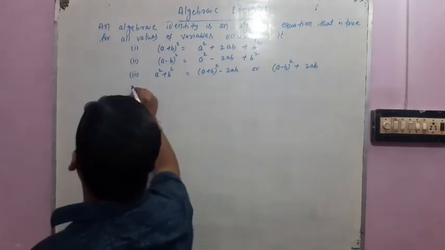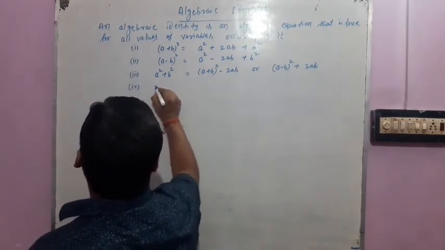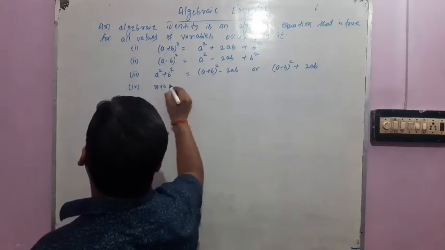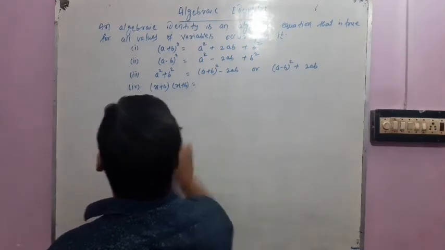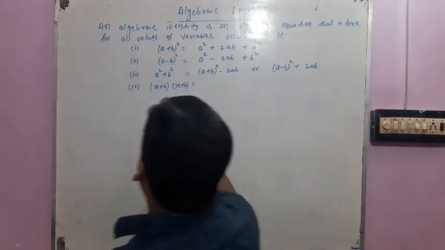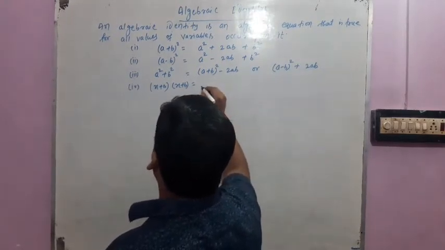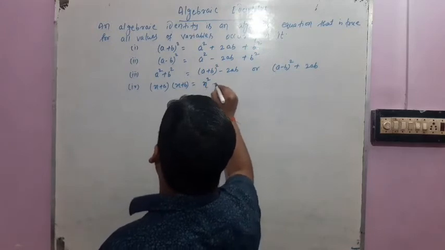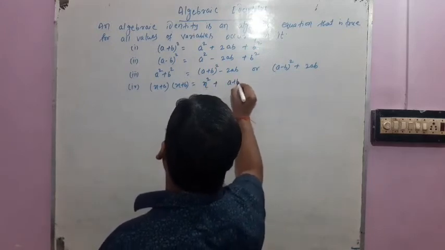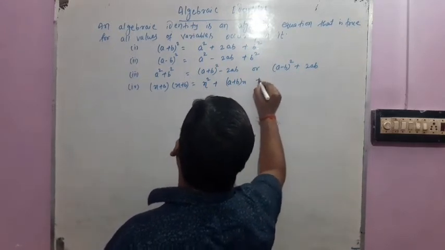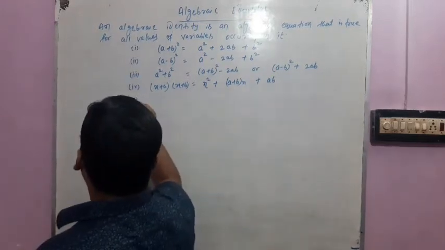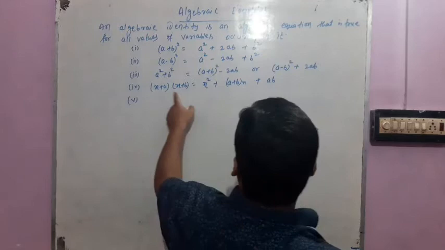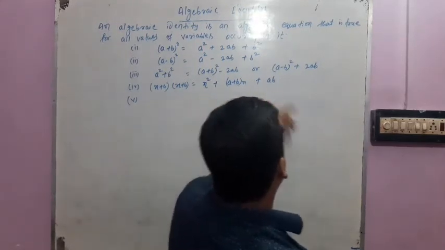The fourth one is x plus a into x plus b. The formula of x plus a into x plus b is x square plus a plus b into x plus ab. When we multiply them, we get this result.